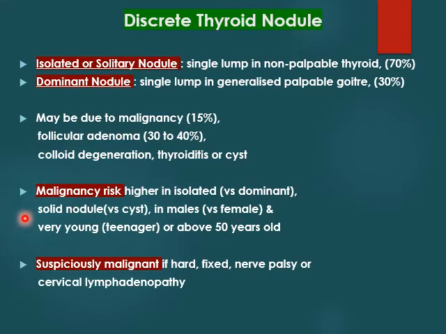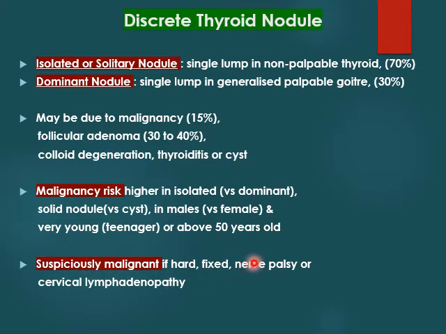The risk of malignancy is higher in isolated solid nodules compared to dominant nodules. Solid nodules have a higher risk than cystic nodules, and the risk is higher in males compared to females, and at the extremes of age: very young teenagers and those over 50 to 60 years old. There are 2 spikes, young and old patients.